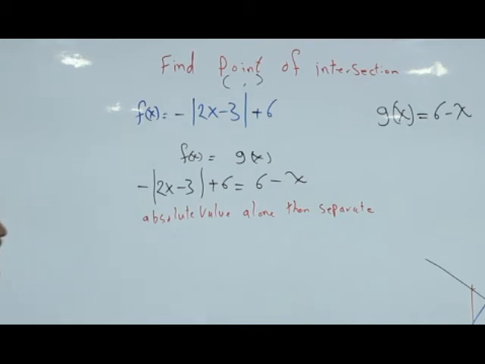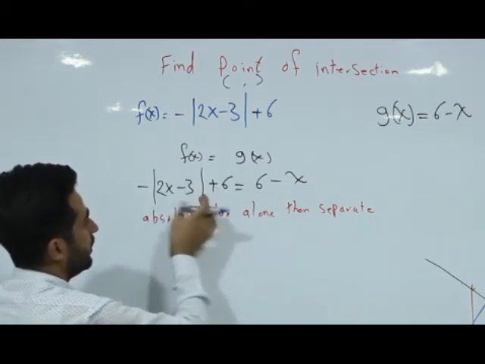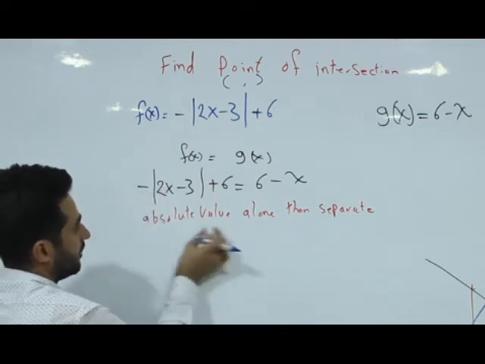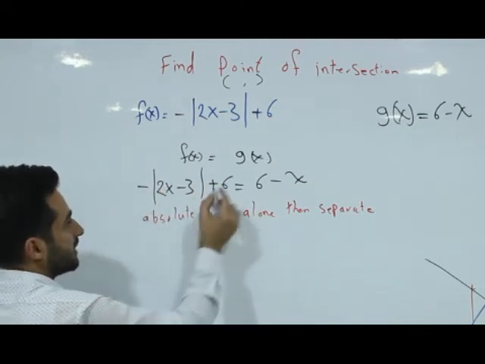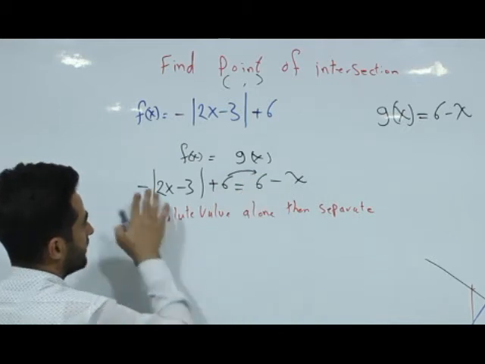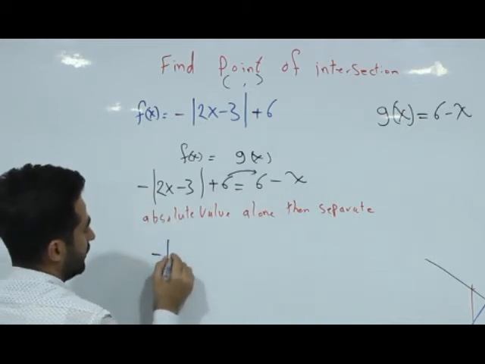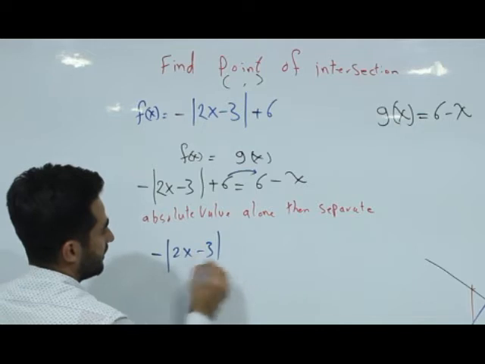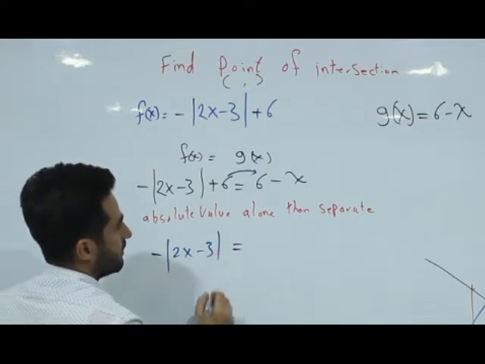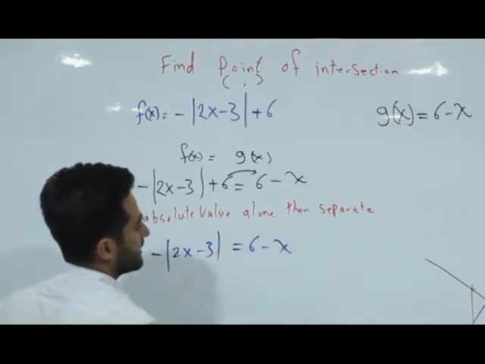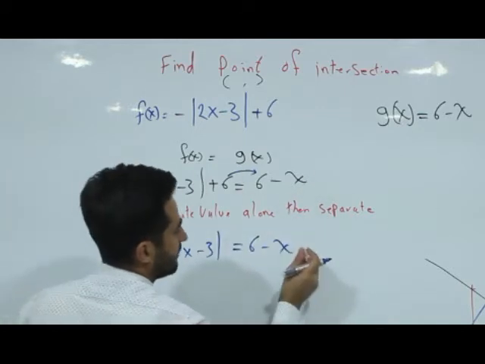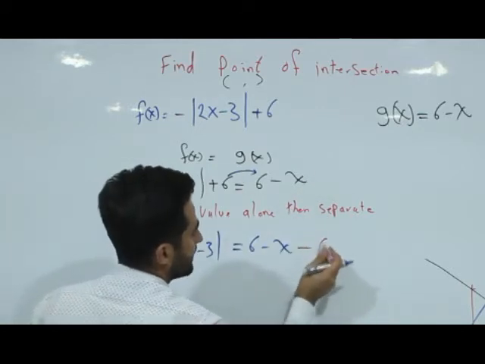Okay. How can we make this become alone on one side? Alone means alone on one side. So this 6 goes to the other side. This minus will remain here: minus absolute value of 2x minus 3 is equal to 6 minus x. This 6 comes to this side, it becomes minus 6.